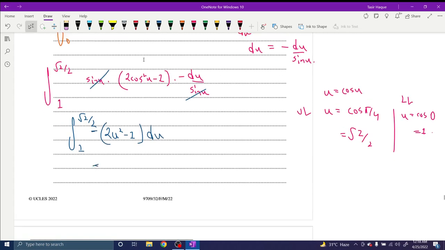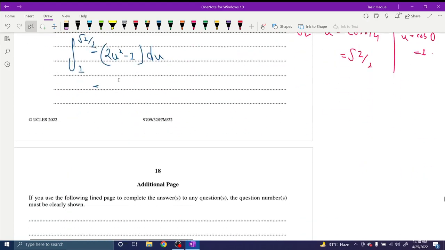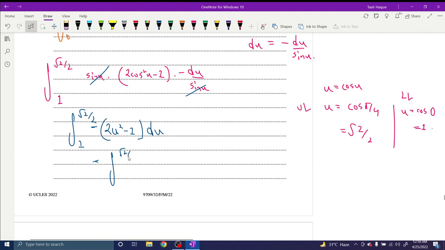So you can just write this as root 2 by 2 to 1, 1 minus 2u square du. There was also another way. Root 2 by 2 is actually 0.71, which is smaller than 1. If you want to fix the limits, this is the other way. You could just write this as 1 to root 2 by 2, and write 2u square minus 1, just removing the sign. That's another route. That's totally your wish. Okay, it's fine. Let's just use this. I'm keeping the limits the same, but I'm multiplying the minus sign.